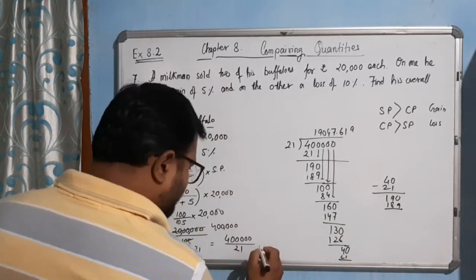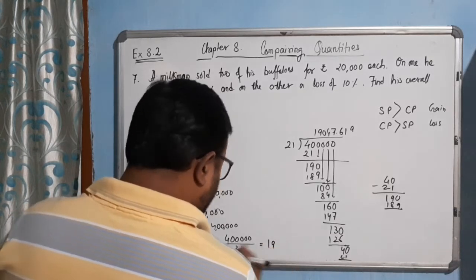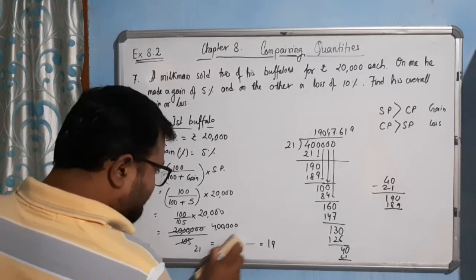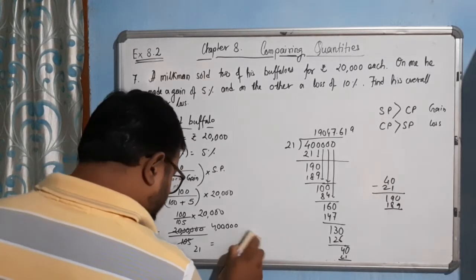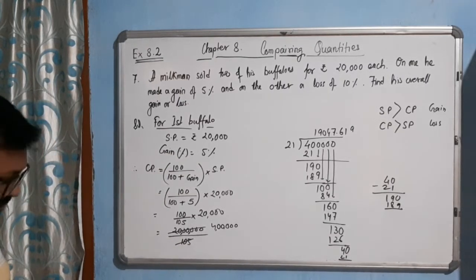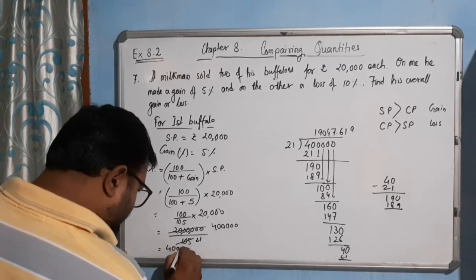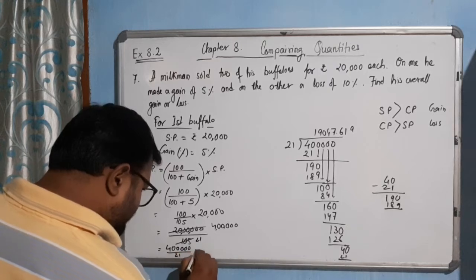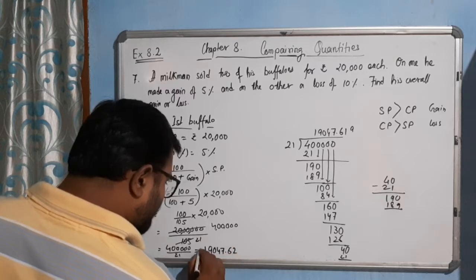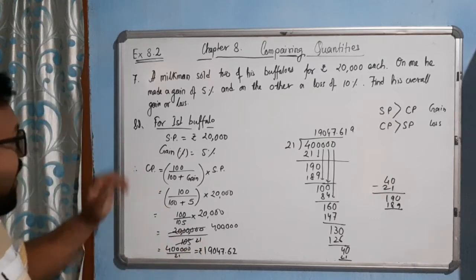So the price will be 4 lakh by 21 equal to 19,047.62. This is the cost price of the first buffalo.